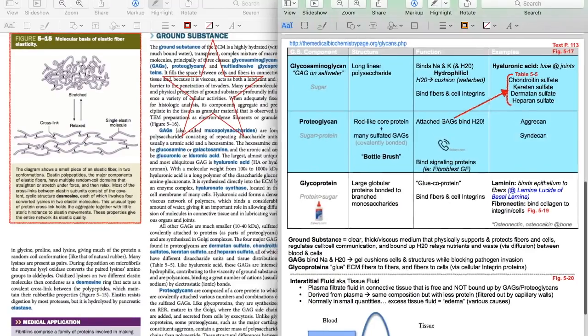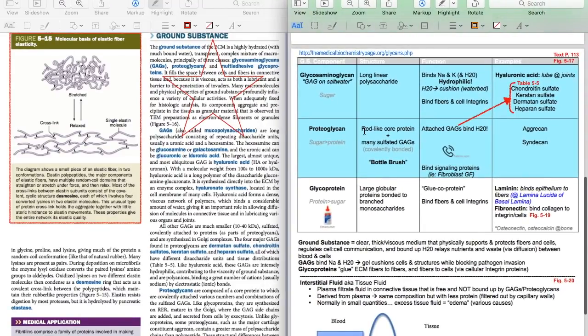So what we've got is a table that is 3 rows. These are the 3 big parts of ground substance: glycosaminoglycans, which we just call GAGs. When I say GAG, that means glycosaminoglycan. Okay, amino, glycan, sugar, protein, sugar.